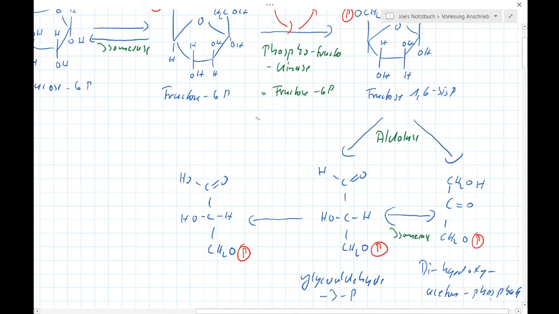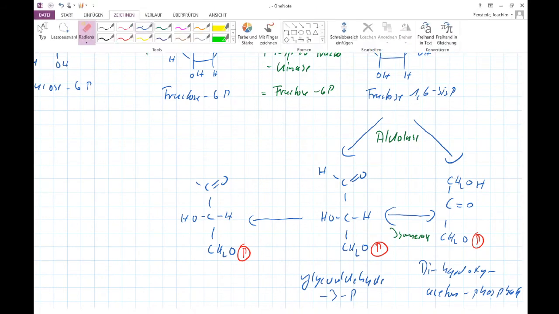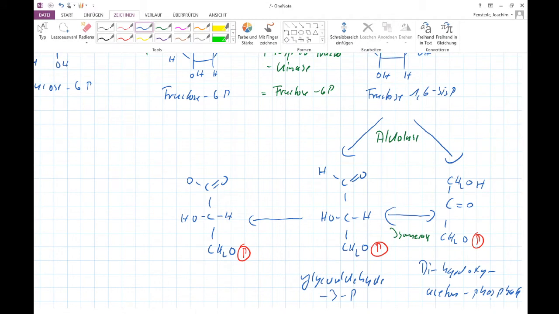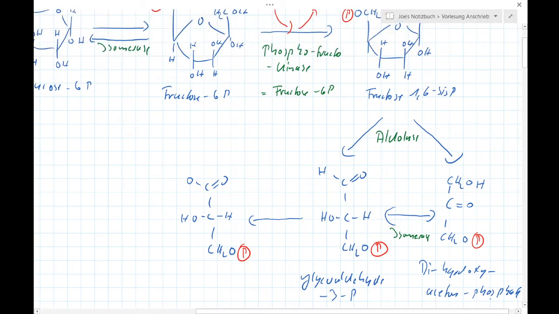And at the same time, we have coupled this oxidation to the binding of an inorganic phosphate. So an inorganic phosphate comes in and it's bound at this position. So this phosphate is not coming from an ATP. This phosphate is coming from an inorganic phosphate.